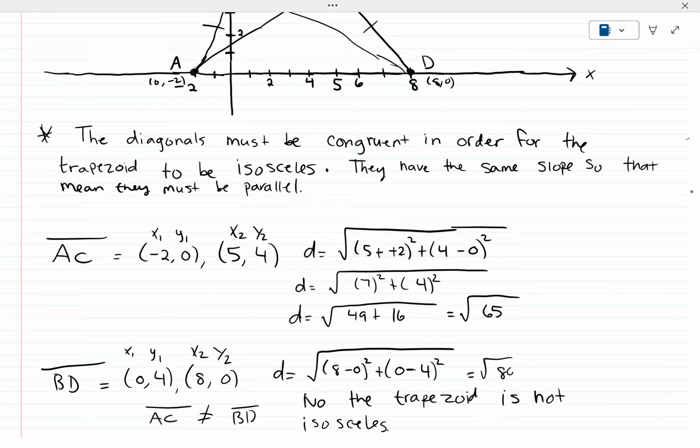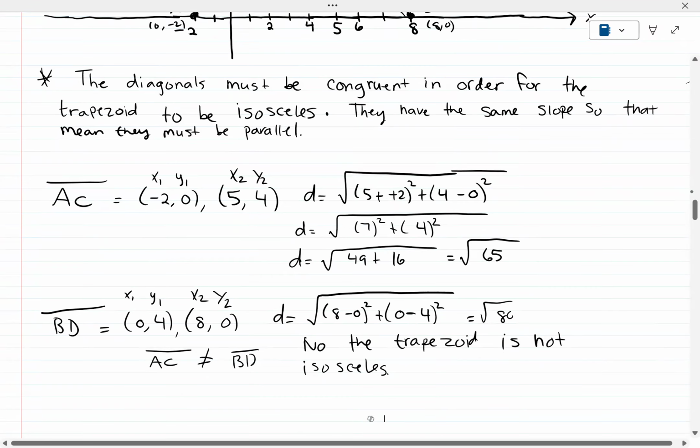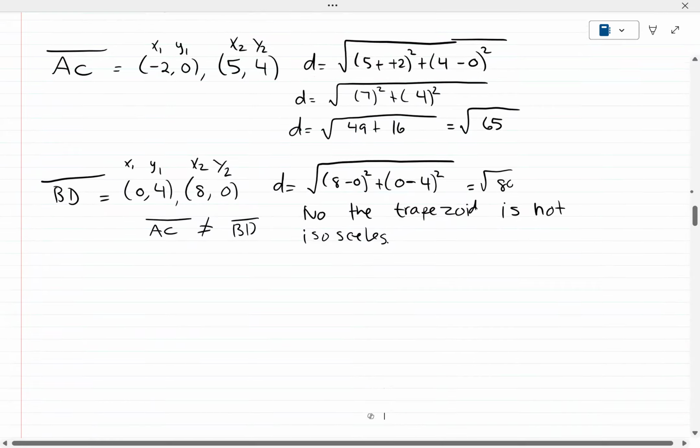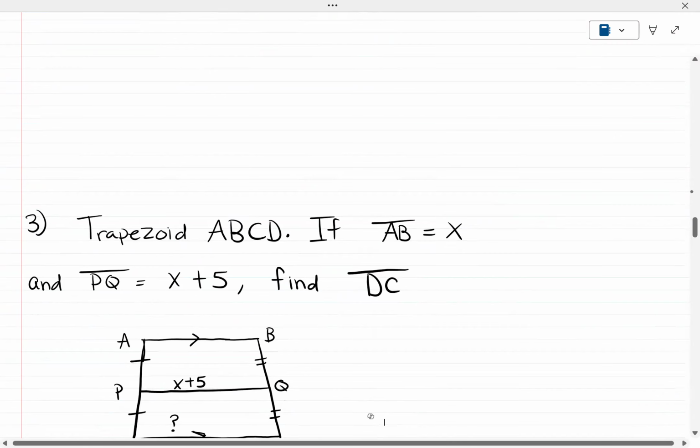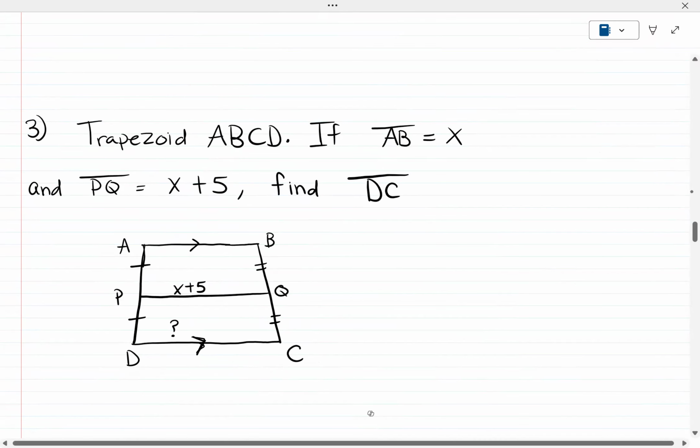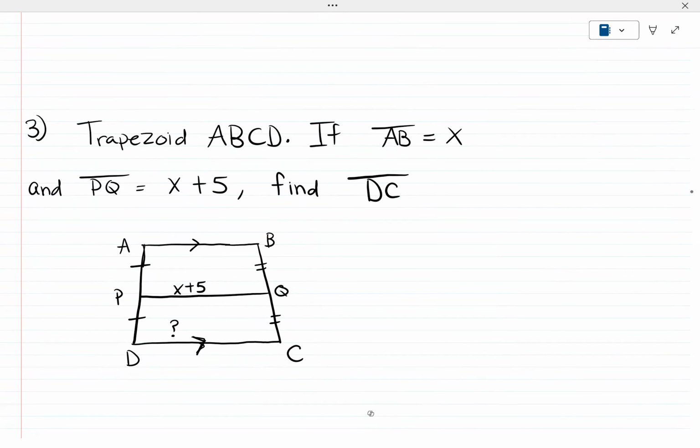Let's move on to example 3. Okay, example 3 says trapezoid ABCD. If line segment AB equals x, and line segment PQ is x plus 5, find line segment DC.